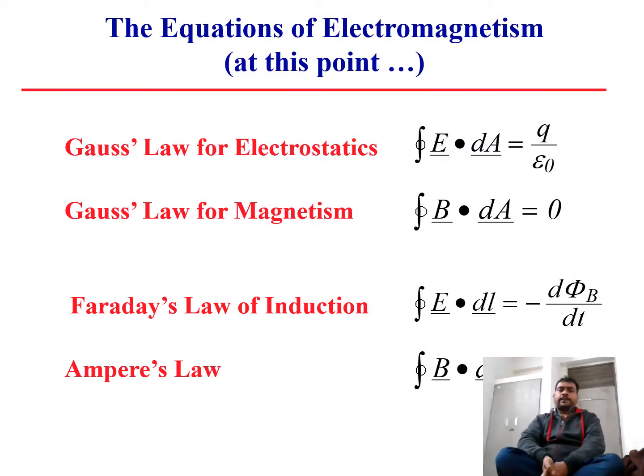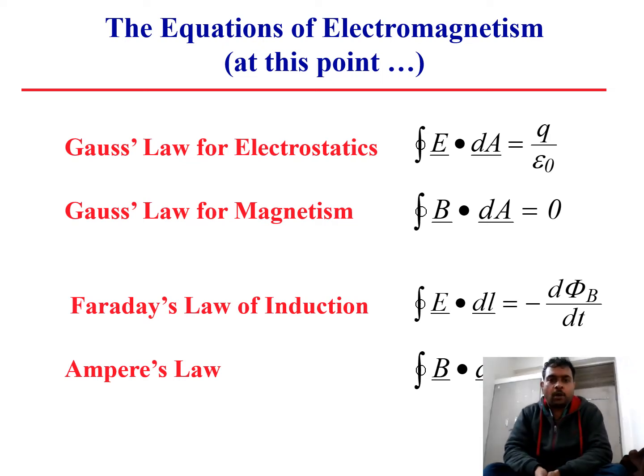So basically we have studied four basic laws in electricity in our previous classes. First is Gauss law of electrostatics, which states that the flux of the electric field over a closed surface is charge divided by the permittivity of free space. Gauss law of magnetism simply states that magnetic monopoles do not exist.